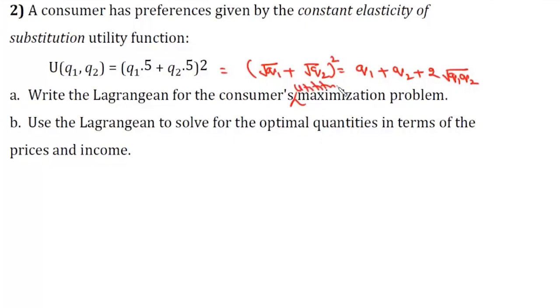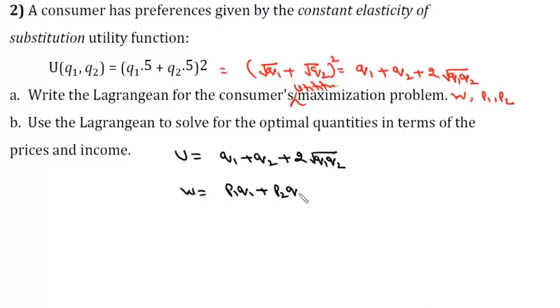Now it doesn't say what maximization, so we'll assume it is consumer's utility maximization. And here we are not given prices and wealth, so let us say budget constraint is W and the prices are P1 and P2. So basically our objective is to maximize U, which is Q1 plus Q2 plus 2 times under root of Q1 Q2, and our budget constraint is W equals P1 Q1 plus P2 Q2.